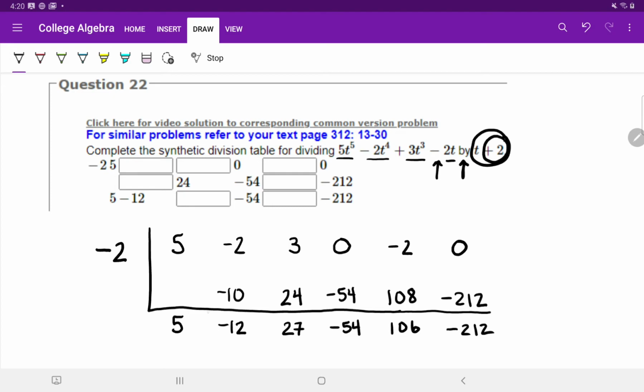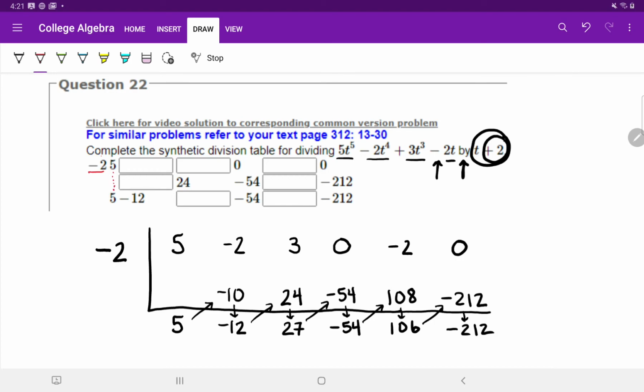Okay, so when you're multiplying, you're kind of going in this direction. And when you add, you're kind of going in this direction, so down. So I know I did that one kind of fast, but it was our third example. I figure you've got the hang of it by now. Let's figure out how to fill in our boxes here. So they've got the -2 on the outside, and they have their 5 over their 5.